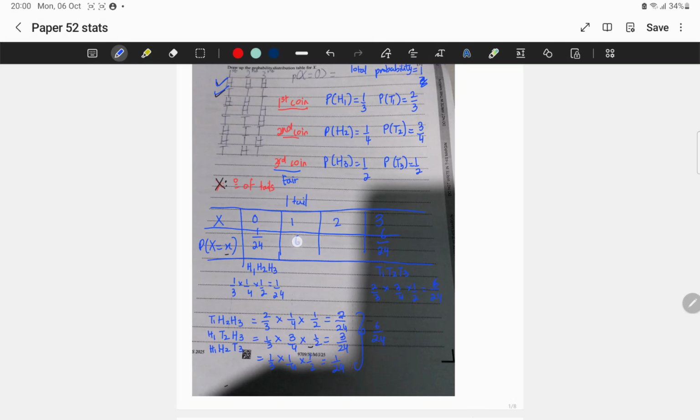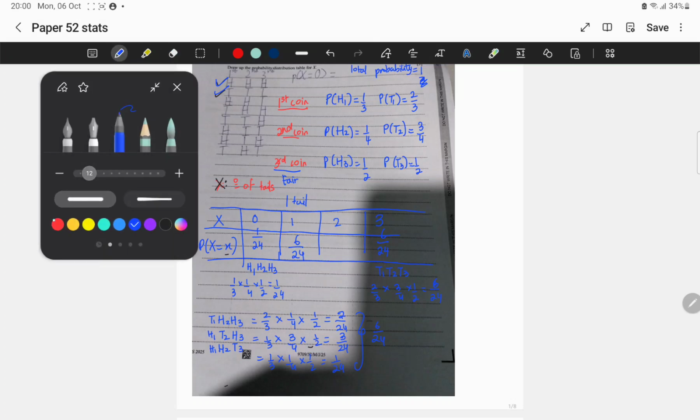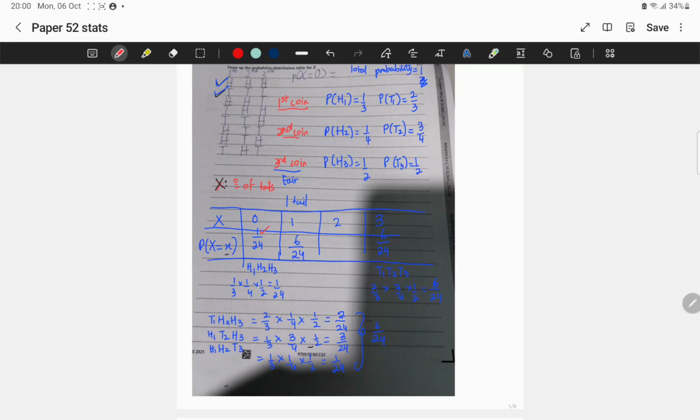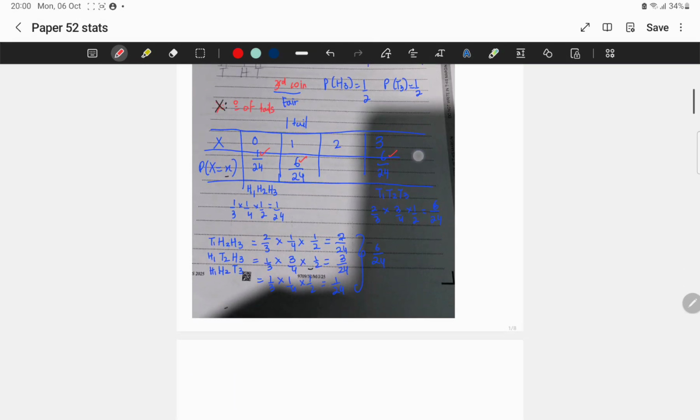I put it in the table here. To get the last one, I'm not going to calculate anything. Remember that total probability has to give me 1, which means that I just add them. 1 plus 6, 7 plus 6 is 13. 24 minus 13 is 11, which gives me the probability here would be 11/24. That's it.